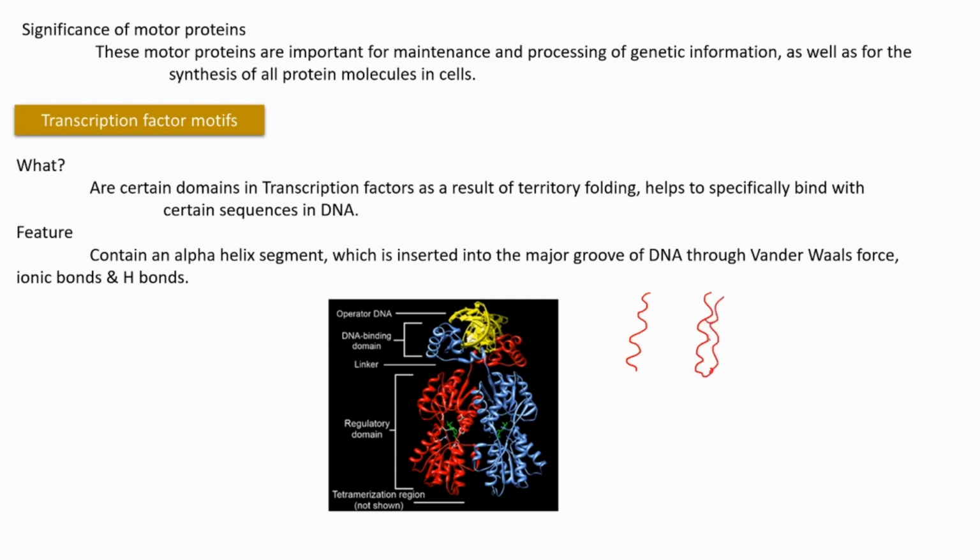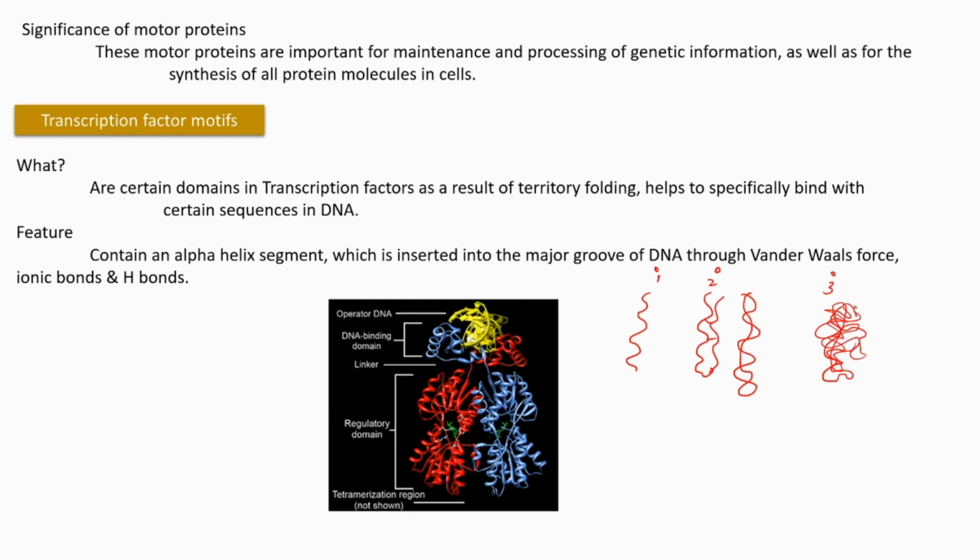This is beta pleat, and alpha helix, alpha helix in this way. So this is the primary, this is the secondary. Tertiary means this secondary conformation is again folded together. They undergo many other foldings to get this tertiary conformation.